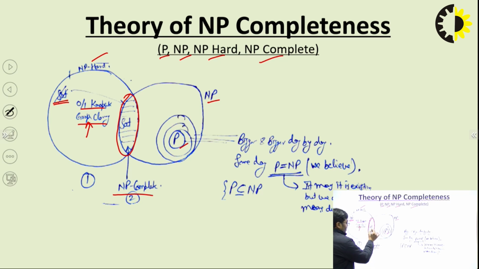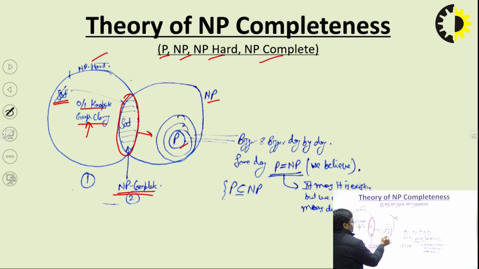Means the NP hard type problems which take exponential time, but for which we have some non-deterministic algorithm, are in NP complete. Means NP hard can be reduced to NP complete day by day, and the algorithms which are in the NP class can be converted to P day by day.